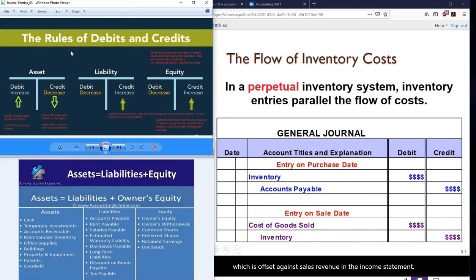Now you come over here and you know that it's a part of the owner's equity. Cannot be a liability in most cases, but in this case, it's going to be equity.